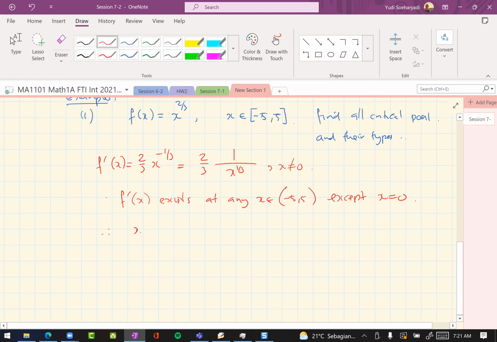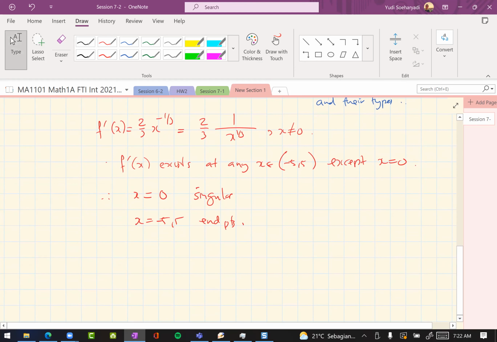So x equals 0 is singular, and x equals -5 and 5 are the endpoints. So those are the only critical points. Okay, no stationary points.